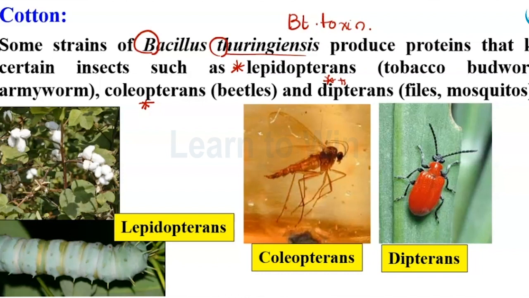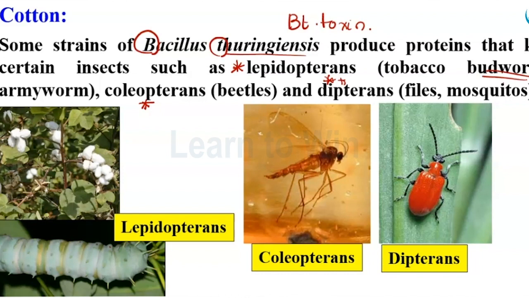So it was found that the Bt toxin is destroying these organisms, these lepidopterans, coleopterans and dipterans. And we know that the budworm is the main problem. The bollworms, the budworms, they are the ones creating all the problem. So scientists got an idea: why don't we put the Bt gene in the plant?